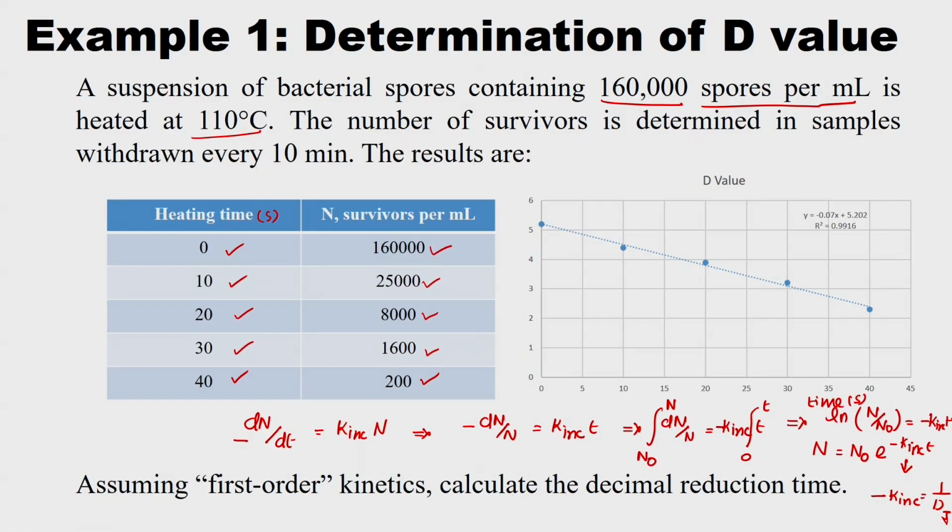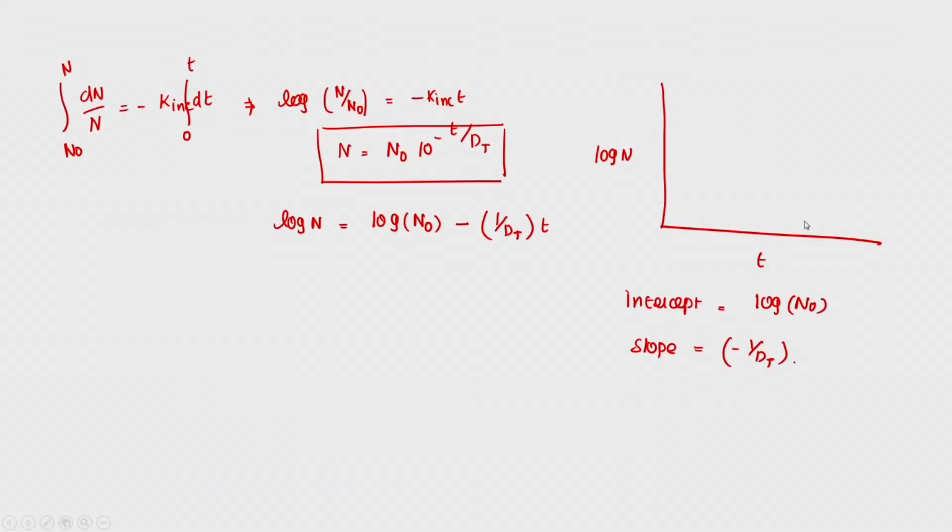Now I have to calculate log of N, as N is given at each heating time interval of 10 seconds. Whatever units are given for time, you put on the x axis and y axis. I calculate log of N, and it follows a linear line. I have already done this in Excel and given it to you. If you click on any point and add a trend line, it will give you the equation y equals mx plus c. First we will see how to calculate. So t, I am going to put on the x axis.